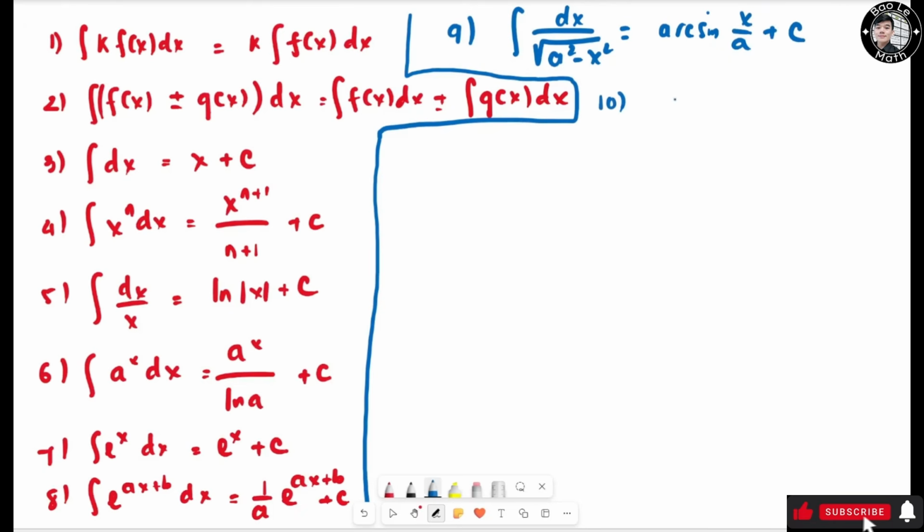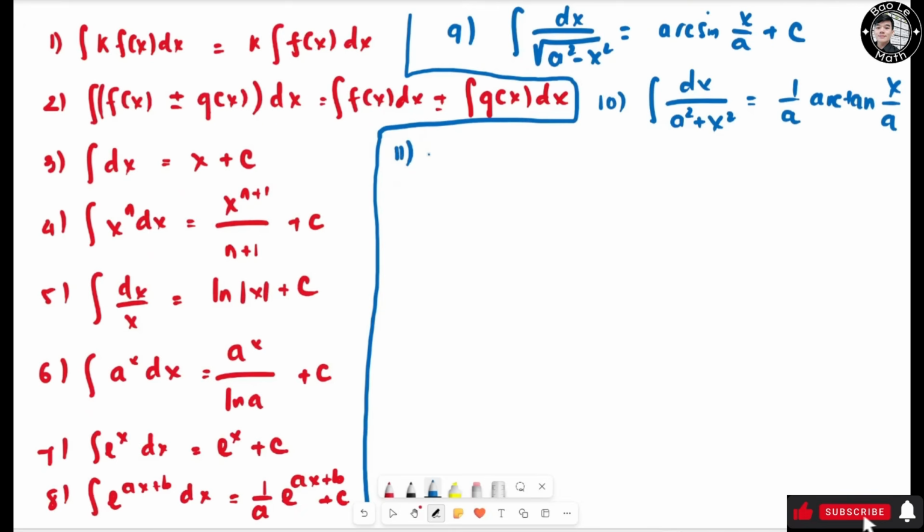Number 10, the antiderivative of ds over a squared plus s squared is 1 over a arctangent of s over a plus c.